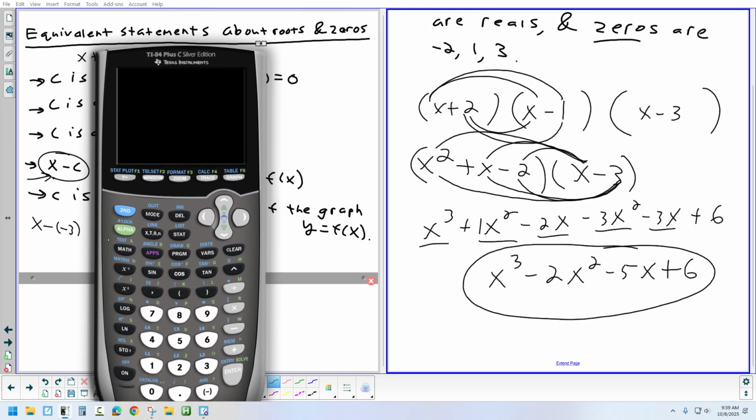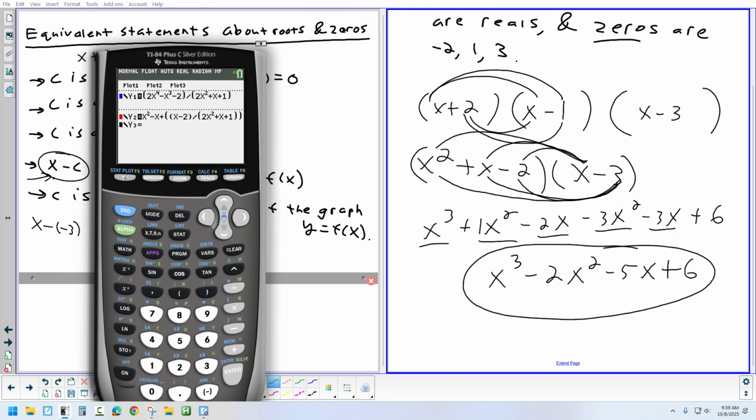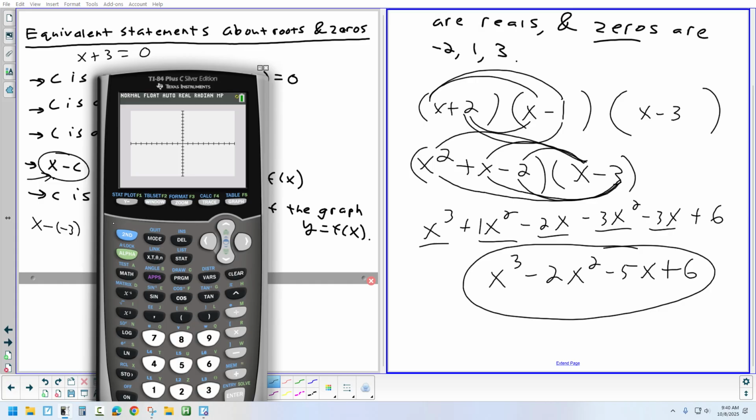And it's very easy to check. Type that in and graph it, and if it doesn't cross the x-axis at those three numbers, then something's wrong. Let's check it. X cubed minus 2x squared minus 5x plus 6. So remember, you're looking for negative 2, positive 1, positive 3.